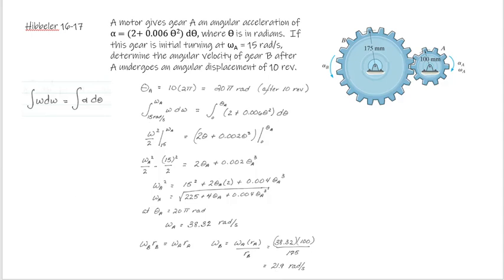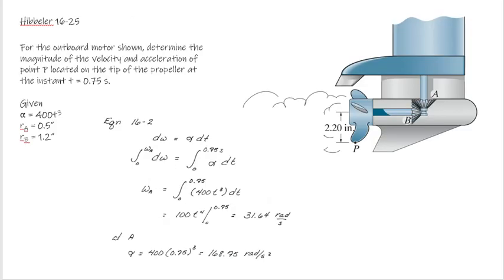So let's expand this just a little bit more, use a little bit different information. So this is Hibbler problem 16-25. We've got a motorboat, that we've got a propeller, and we want to know what's happening at the tip of this propeller. So the motor is going to turn A, A is going to turn B, and B ultimately turns the propeller.